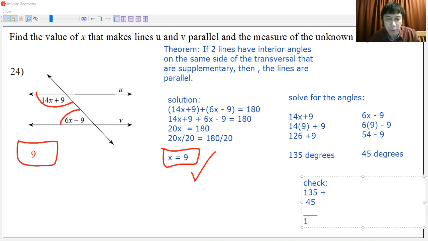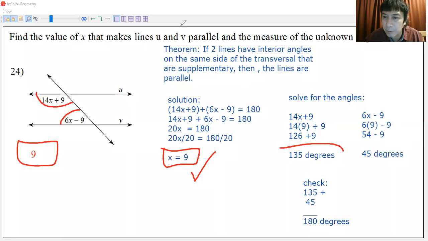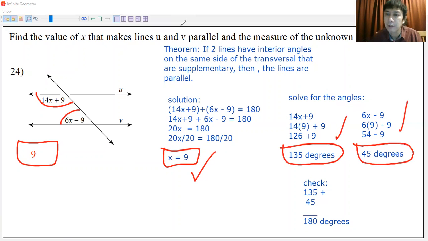Yes, 180 degrees. So that means our angular measurements here in degrees are the right answers. That's it for our proving lines parallel.